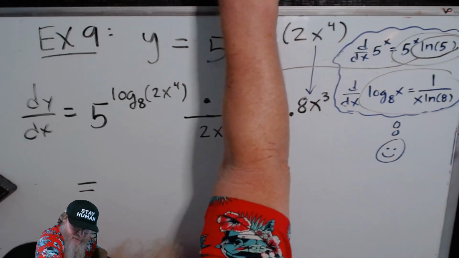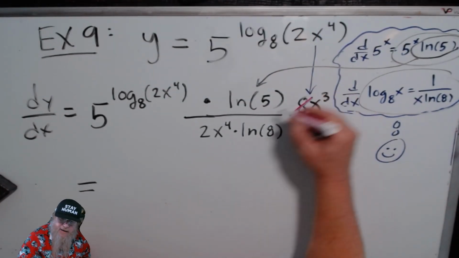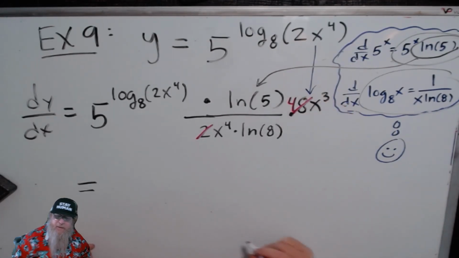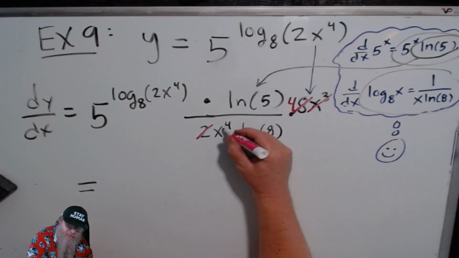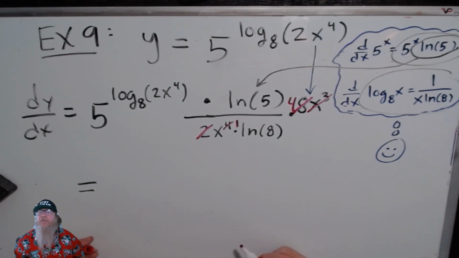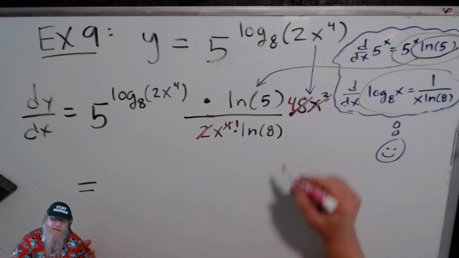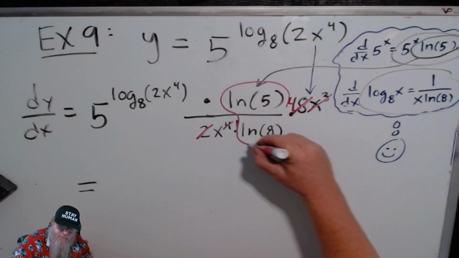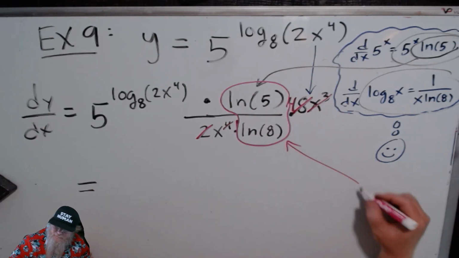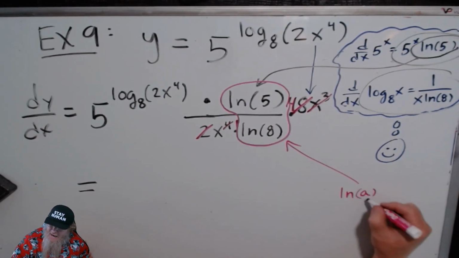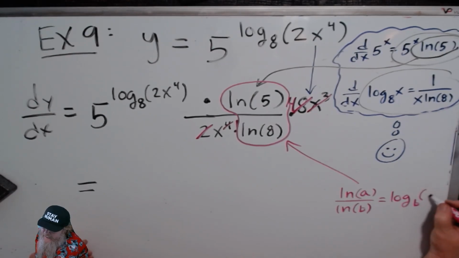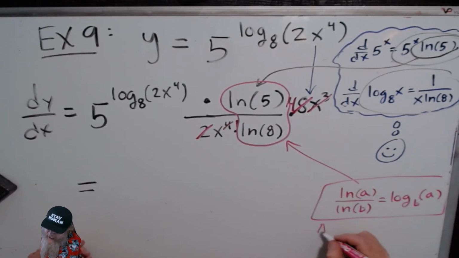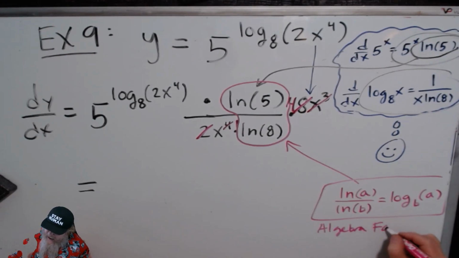So what do we got? Let's do the best we can. We got 8 divided by 2 is 4. That'll be nice. We got x cubed and x to the 4th, so that's going to be x to the 1st. Now here's a trick you might not remember from basic algebra. ln of A over ln of B is log base B of A. Algebra fact.